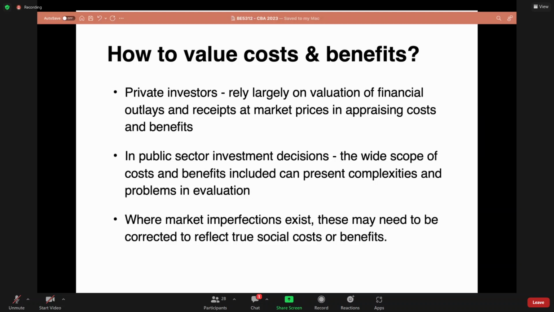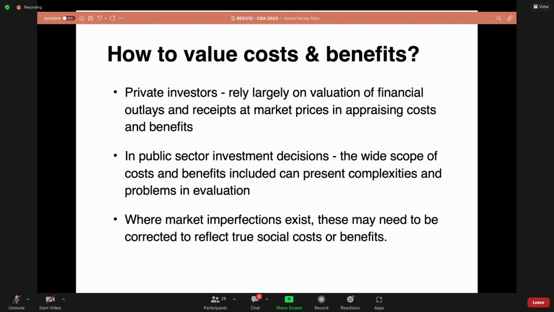But for a public sector investment decision, there will be lots of other complexities involved: a wide scope of costs and benefits, social costs and benefits, externalities. So just directly taking these market prices into consideration is not possible.